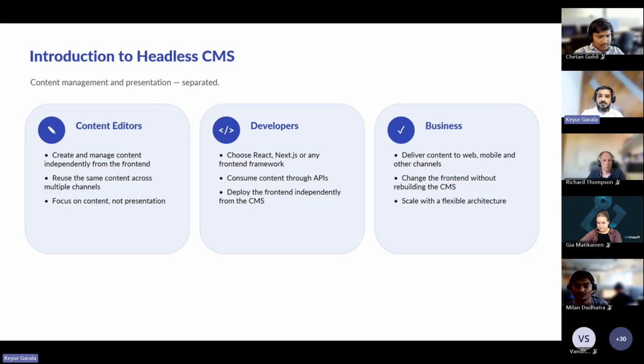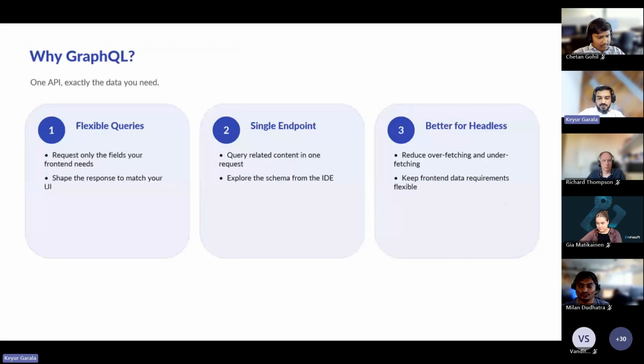Once content is changed in the backend, it changes for every platform. The Next.js application reflects the same content as the mobile application and the TV application. So now the question is: why GraphQL?